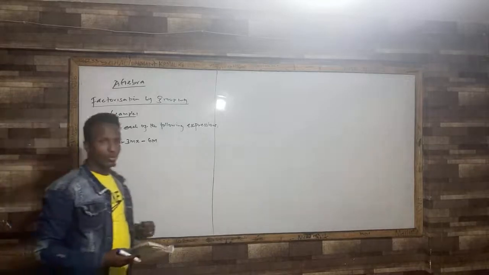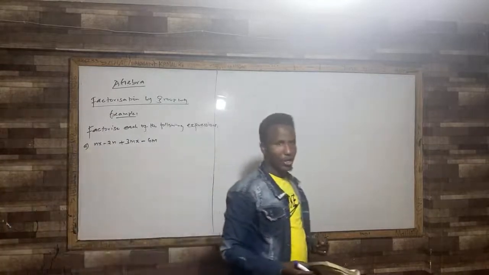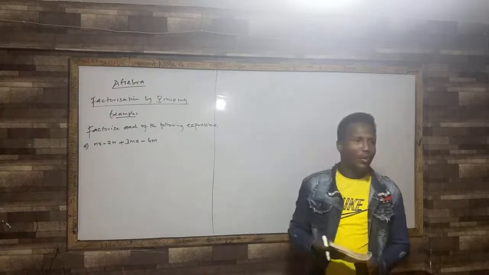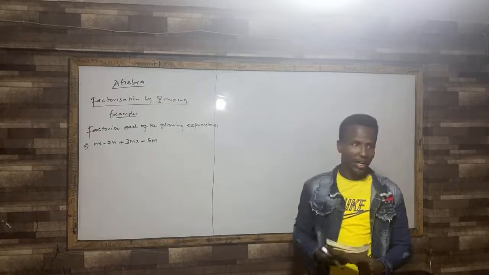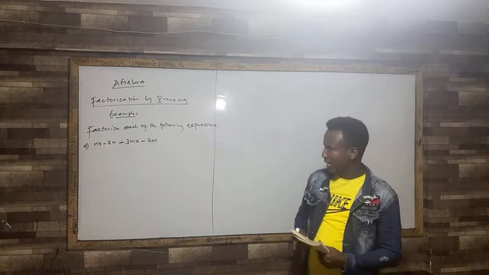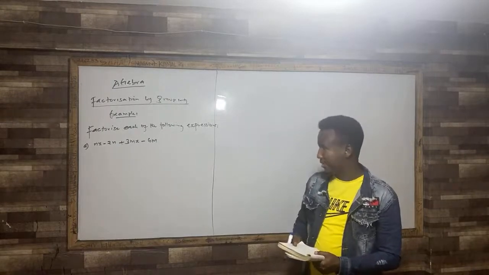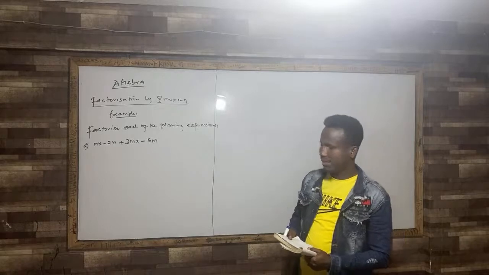Now, what are we going to do? Let's ask ourselves, how are we going to tackle this kind of question? We are told nx minus 2n plus 3mx minus 6m.